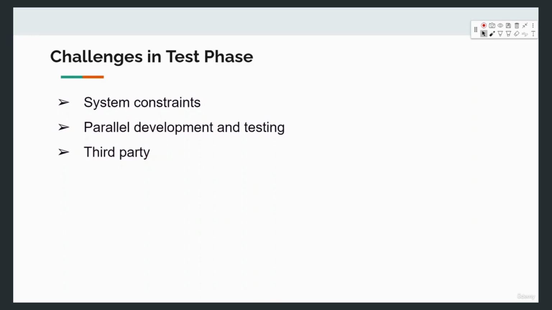So first one is the system constraint. So system constraint here is, most of the teams experience delays because of unavailable dependent systems. So in a particular project or web application, there are multiple backend systems which are interacting with each other. Like we have the front end, suppose our internet banking application, then we have the middleware in between. Now the thing is, we have microservice architecture being used almost everywhere.